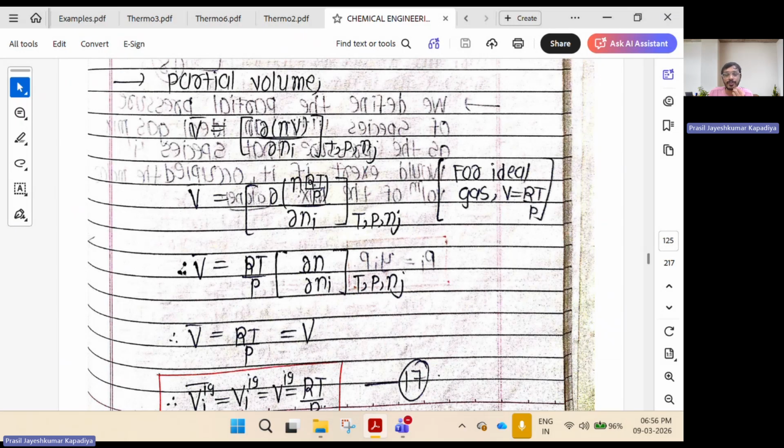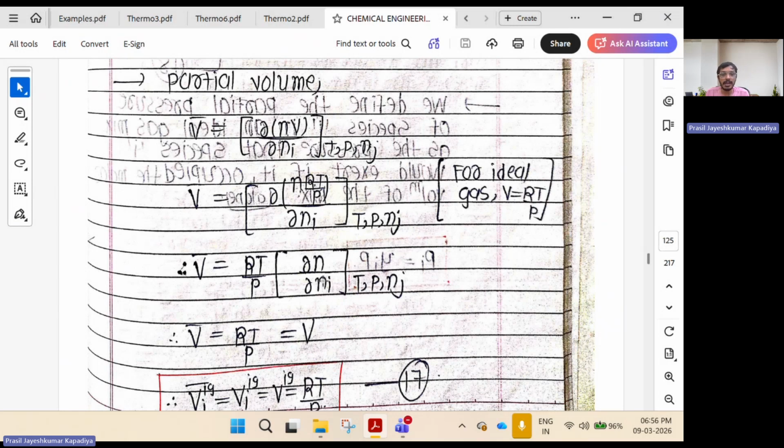Correct? Now for an ideal gas, what is the volume? Volume is N into, I can replace V with RT by P. Now RT by P, temperature is constant, pressure is constant, so RT by P comes out and we are only left with del N by del Ni at T, P, Nj.